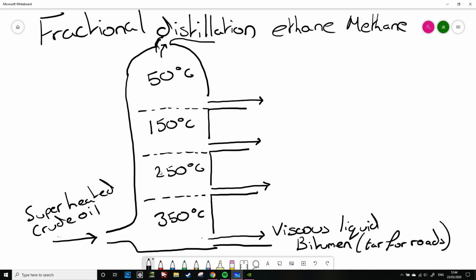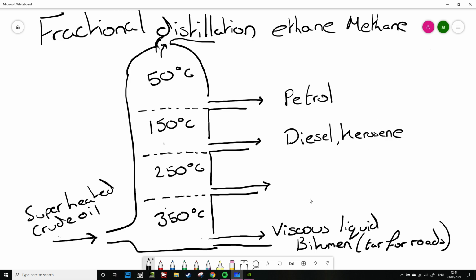Now this is how we separate it out. We have temperatures getting cooler and cooler and cooler as we go up. And if it turns into a liquid at these different temperatures, it will get siphoned off. Now things like petrol are going to be around here. We'll have diesel, kerosene, around here.